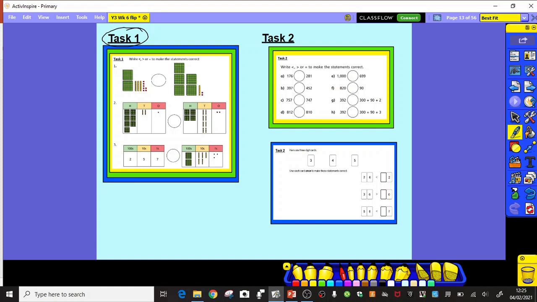Again, writing in the correct symbol to make the statement correct. So you need to use the greater than, less than, or the equal sign. Task 2 for the blue group is slightly different. Task 2 is asking you to use the 3-digit cards to make the statements that are shown there correct. You can only use each card once.